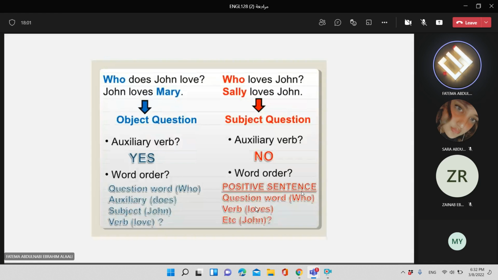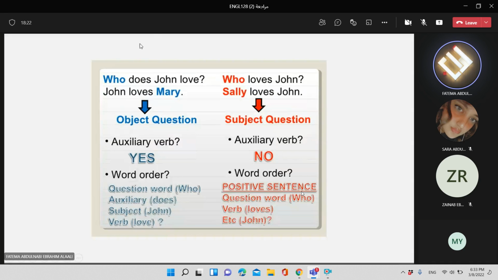Then we put the question mark. Something that we have to be careful about: we put a helping verb if we are asking about the object, and it depends on the subject.